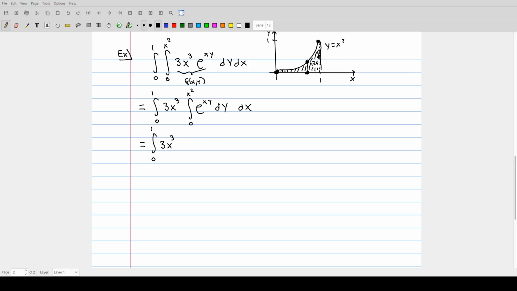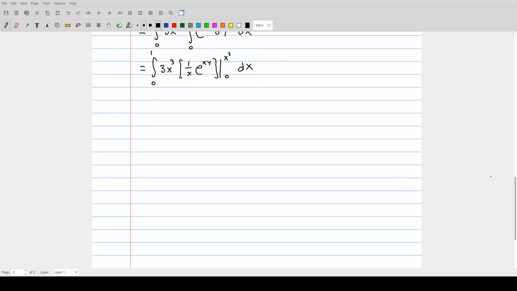So the antiderivative of e to the xy is 1 over x e to the xy. This is evaluated from 0 to x squared. And when we plug in for y, because remember we're plugging in here for y, this becomes the integral from 0 to 1 of 3x cubed.